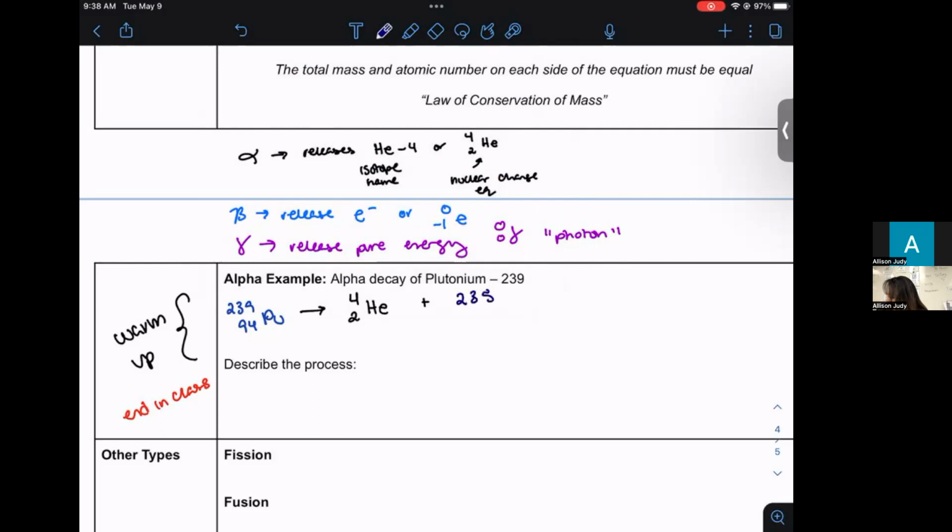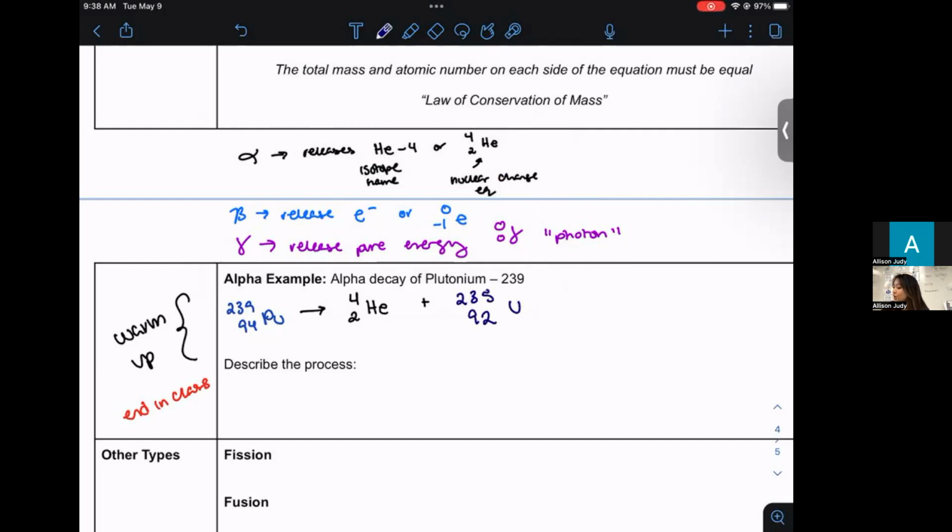Okay. So what is my element identity with a proton number of 92? Uranium. Okay, uranium-235.